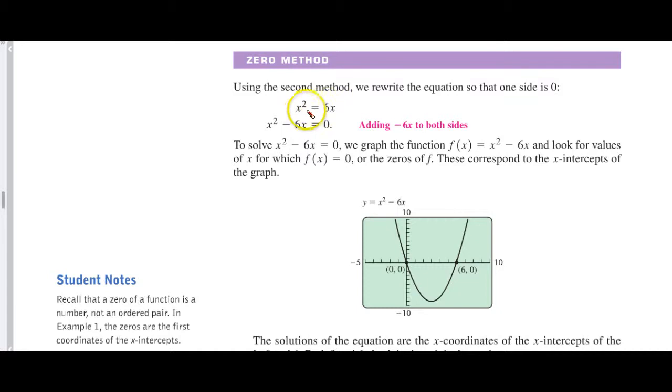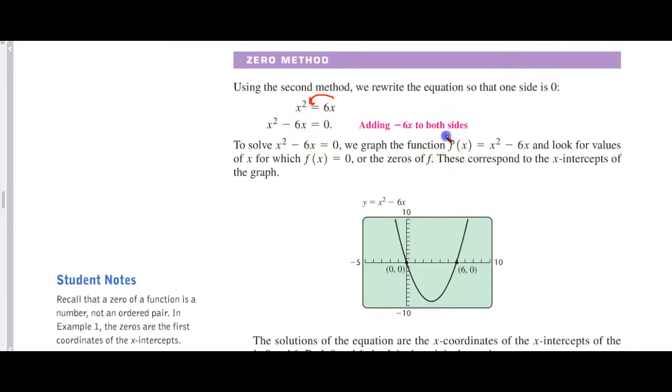So there is our basic equation, and what we're going to do to use the zero method is to get our equation to equal a zero. So we take this term, transpose it, and that gives us this.